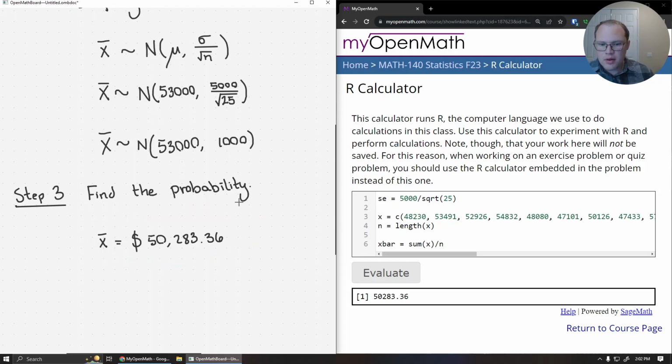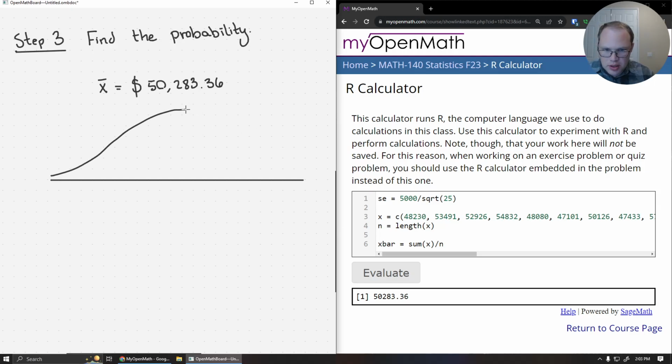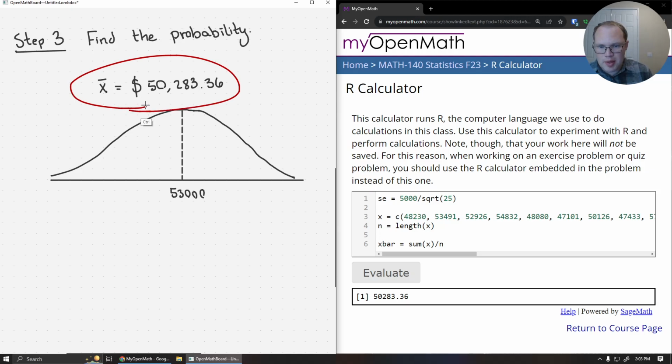Because the actual population mean is claimed to be $53,000, if we draw the sampling distribution here, something like this, the population mean is claimed to be at $53,000. This is quite a bit lower, so it's over here in the lower tail.